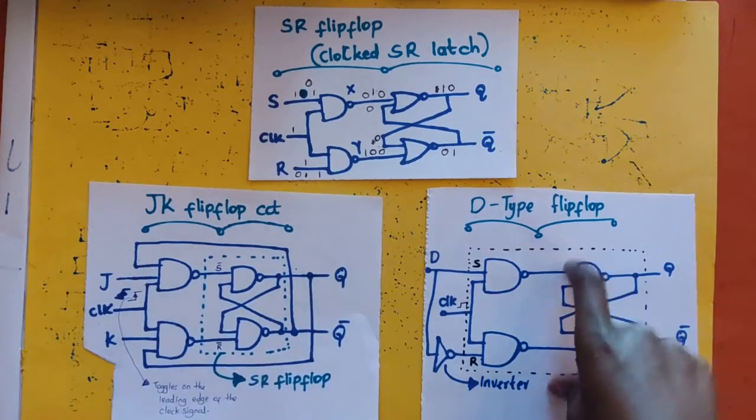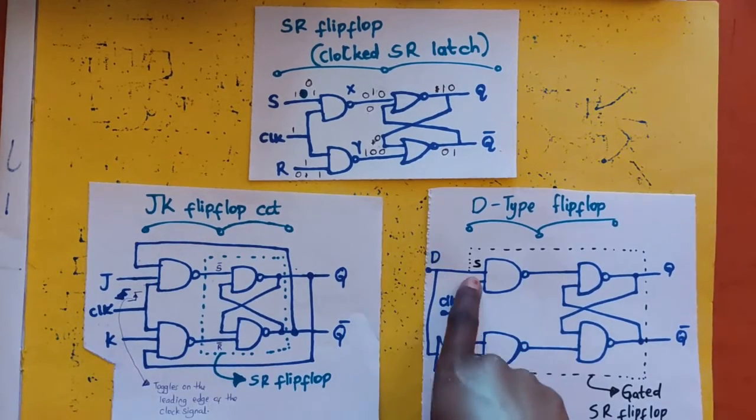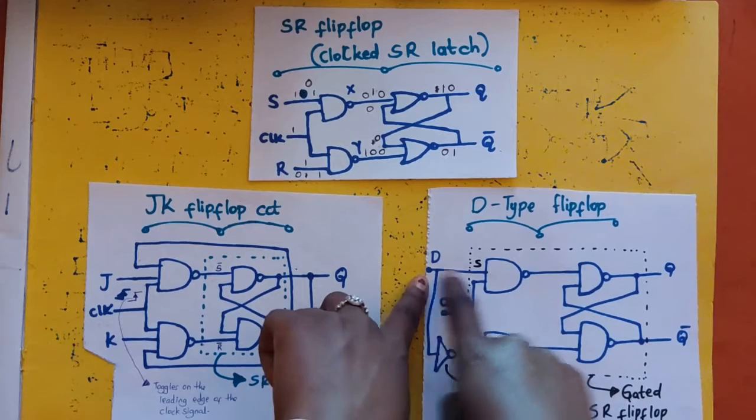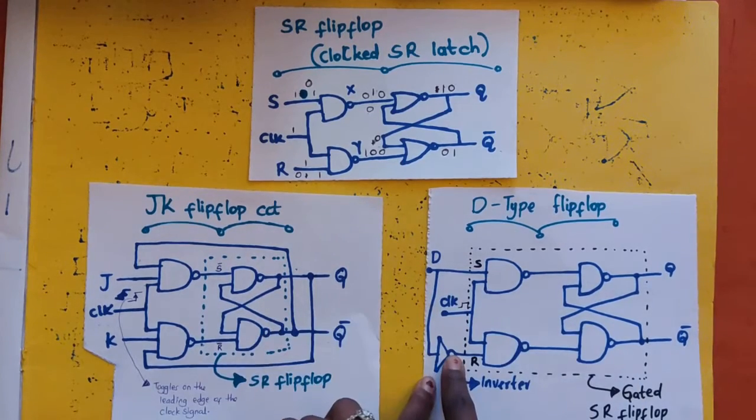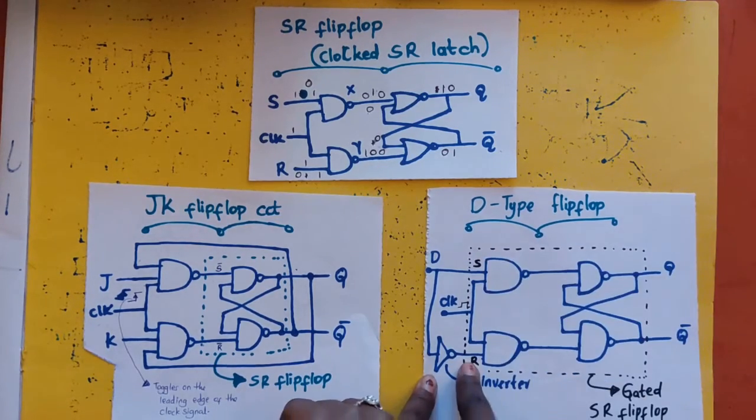And here we avoid the 1 1 by inverting the S input. So whenever this S is a 1, this is definitely a 0, its complement. So we never have an instance where both inputs are 1, because the state is always inverted on this other side.